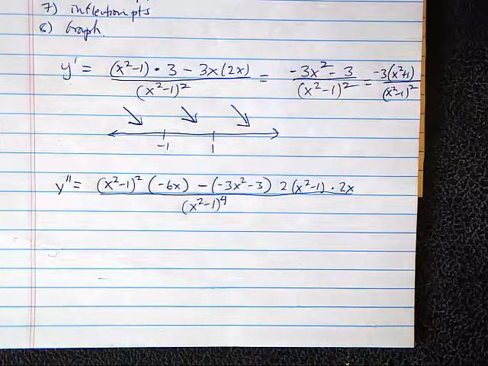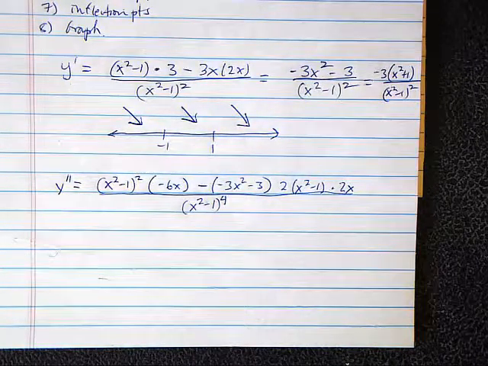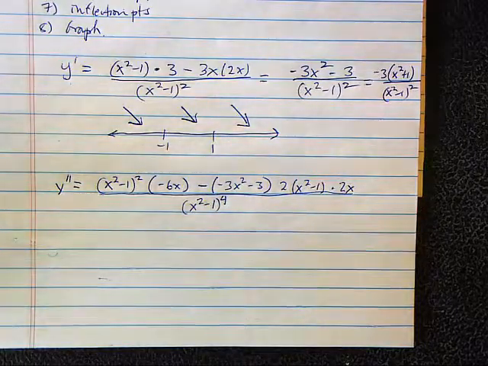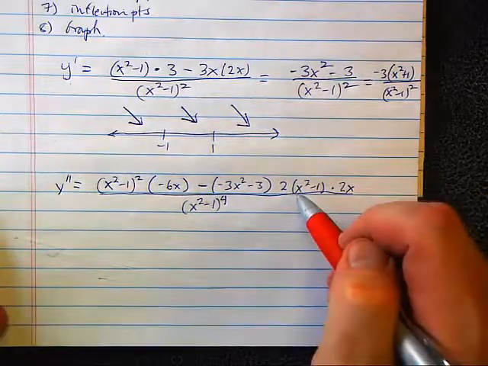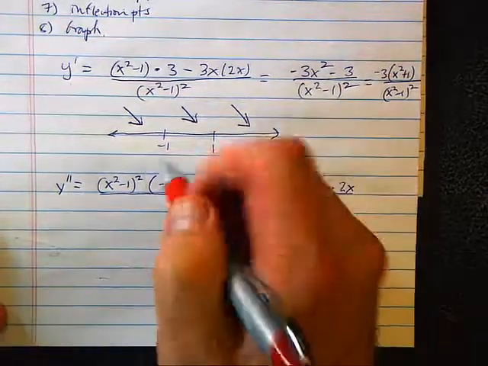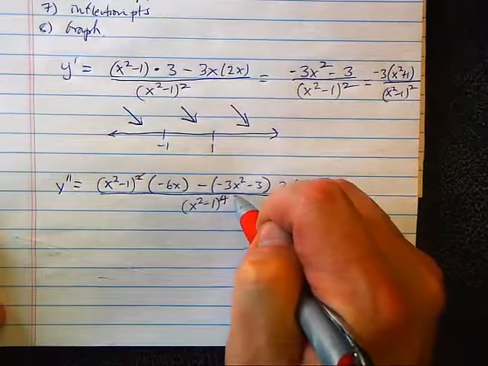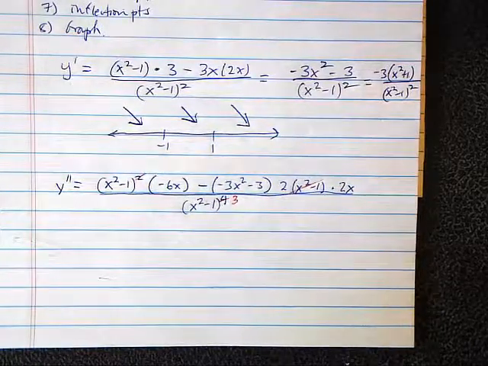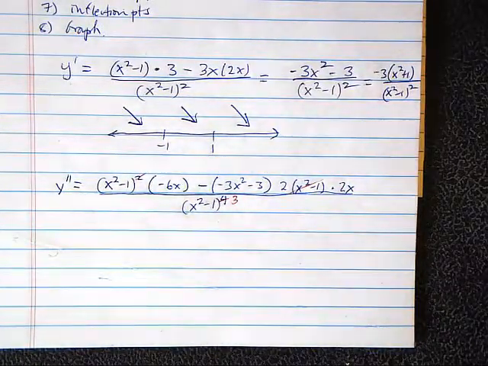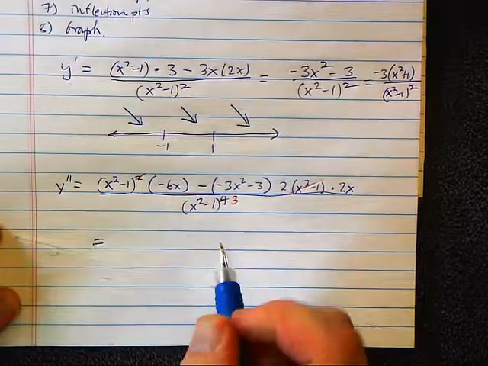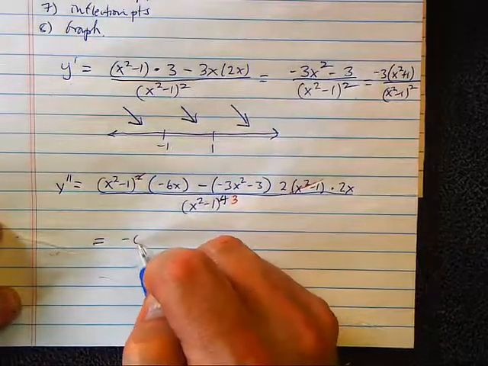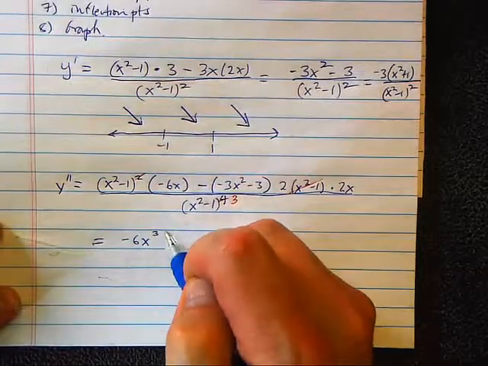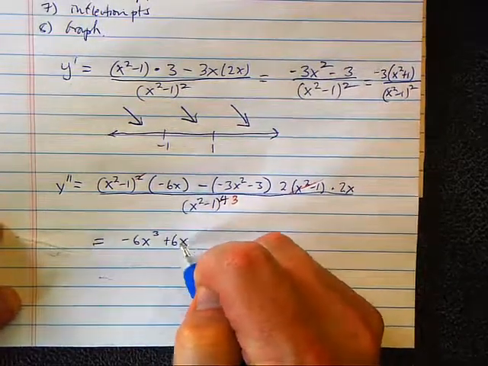All right, we've seen quite a few of these problems with rational expressions. Something should cancel. What cancels? X squared minus 1. There's an x squared minus 1 everywhere. So that one, and that one. So that power on the bottom becomes a 3. Distribute, clean up, see what we have here. We have minus 6x cubed plus 6x.